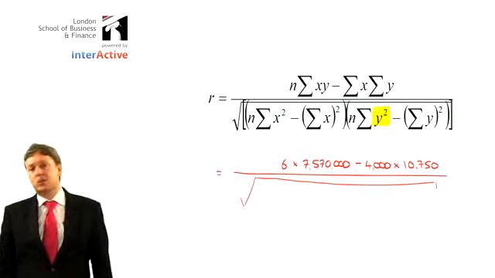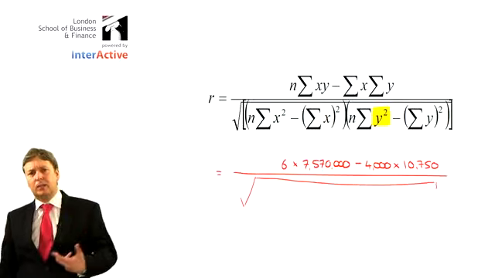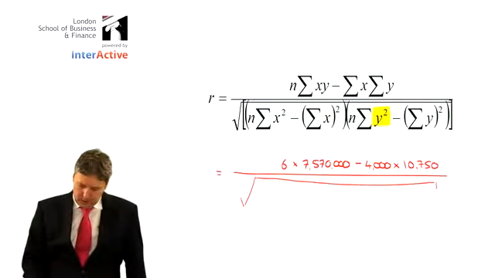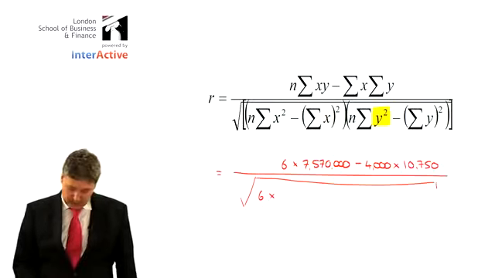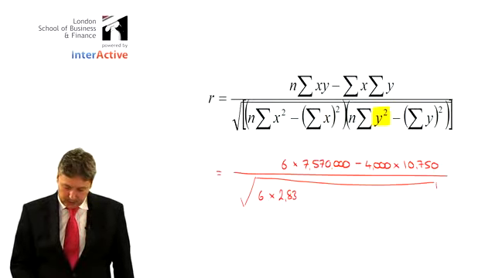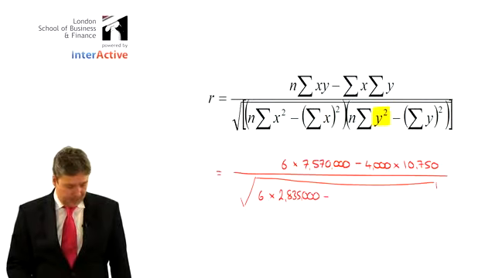And what we want is the square root of all the values below the line. So what we're going to do is take n, 6, multiplied by the sum of x squared, 2,835,000, minus the sum of x, 4,000, all squared.